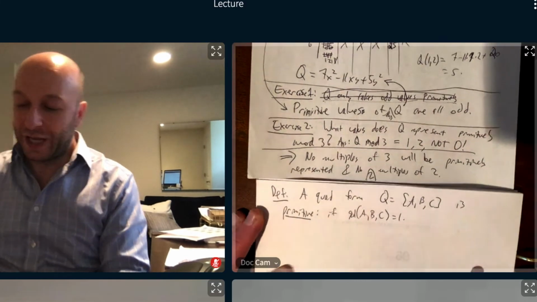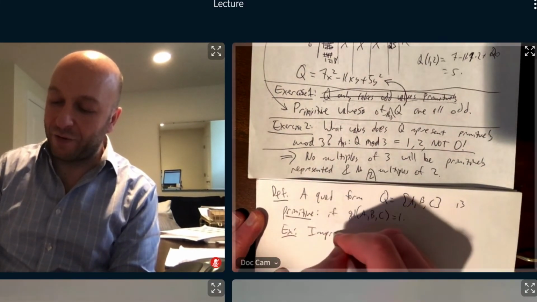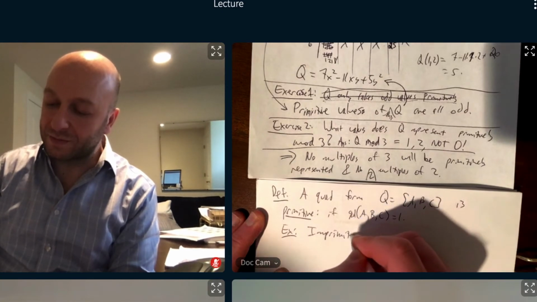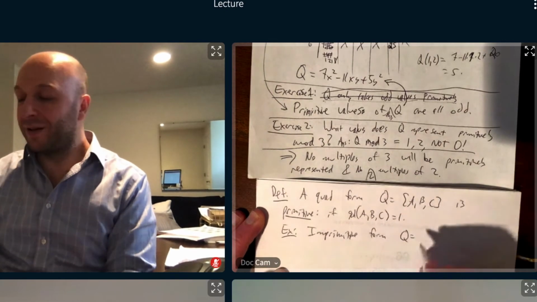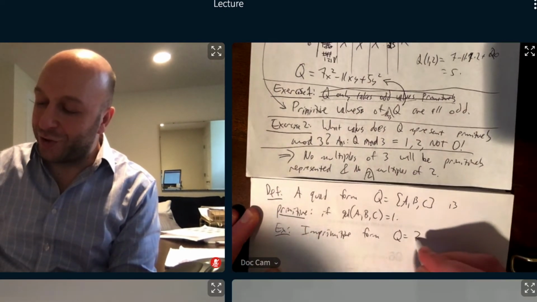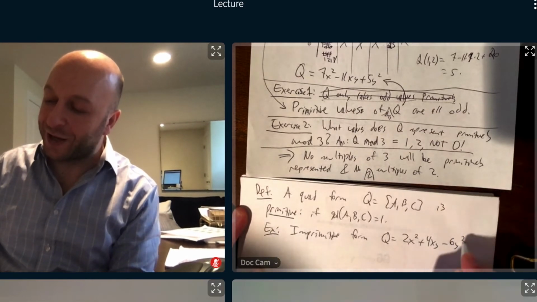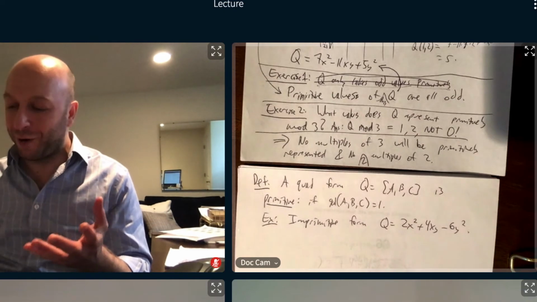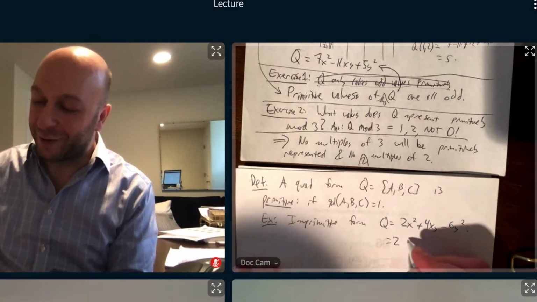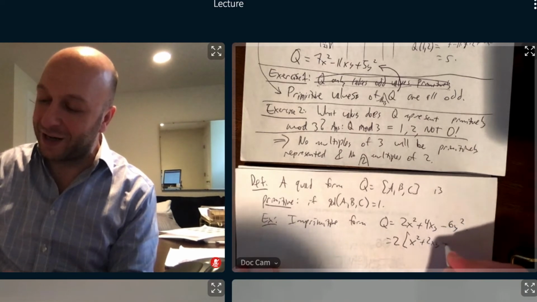So an imprimitive form, e.g., an imprimitive form Q would be 2x squared plus 4xy minus 6y squared. That's just silly. If you have that form, you may as well look at twice all the values of the primitive form, x squared plus 2xy minus 3y squared.